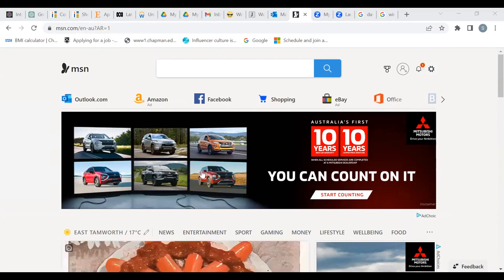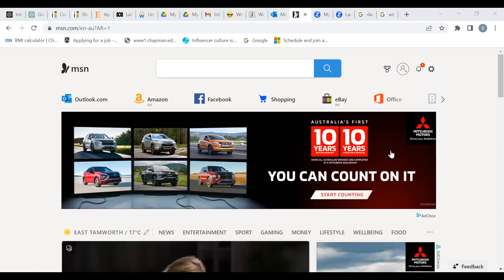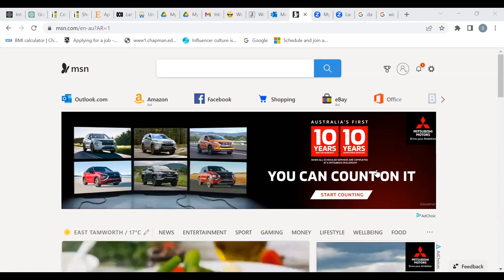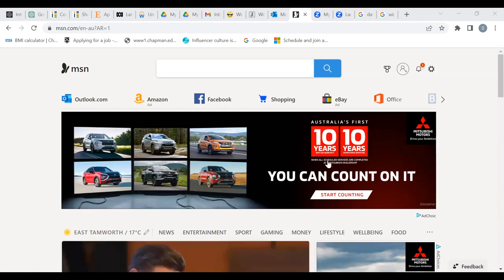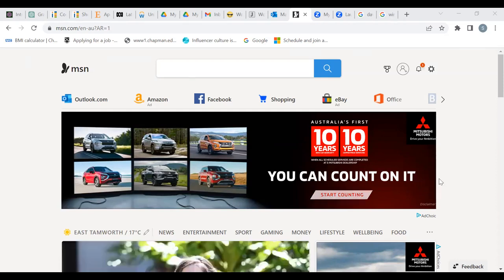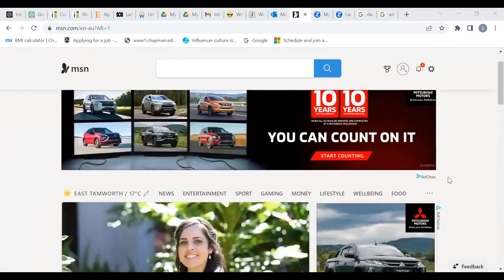So this is a typical banner ad, a very simple black background with some attractive photos and the logo on the side, to be able to attract the consumer. And here you can see how it is trying to break out from the competition by highlighting the numbers 10, 10 in bold and red.